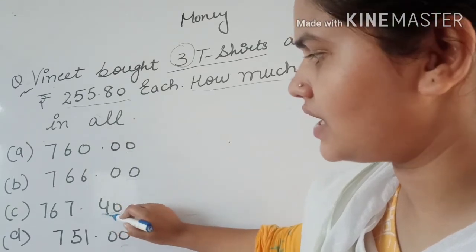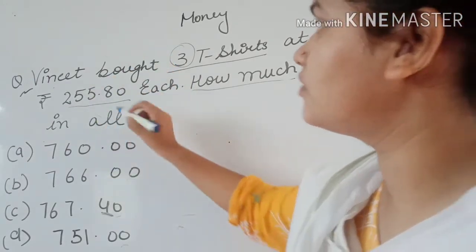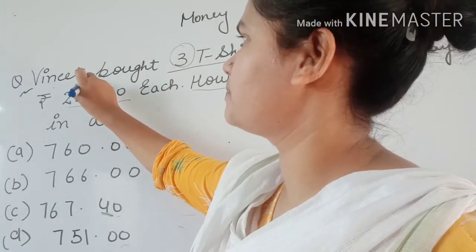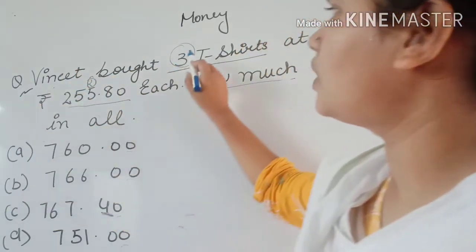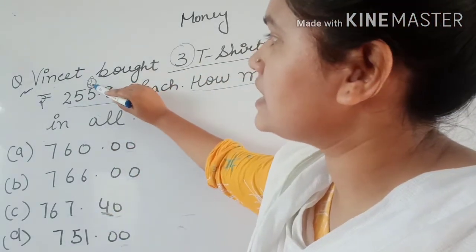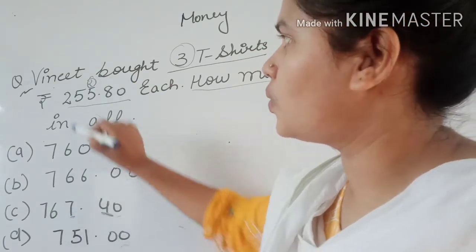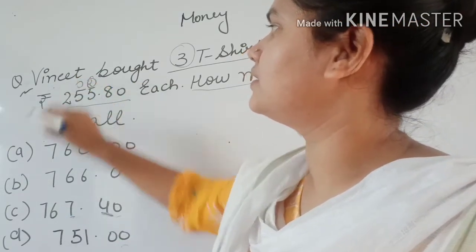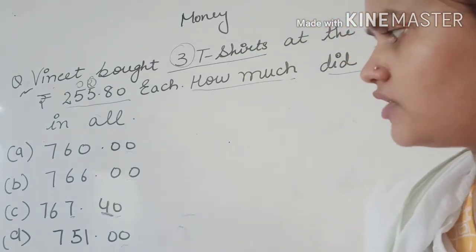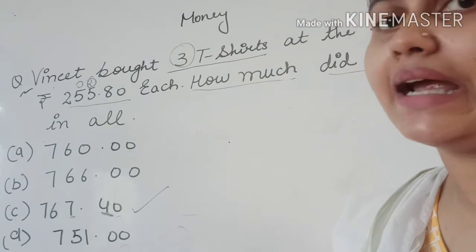Now you can see here is 4. 2 goes as a carry to the other number. Which number? 5. Now 3 5s are 15, 16, 17. 7 will be here. 1 goes as a carry to the other number. So you can simply see which one is the right answer. This one is the right answer, which means C is the right answer.